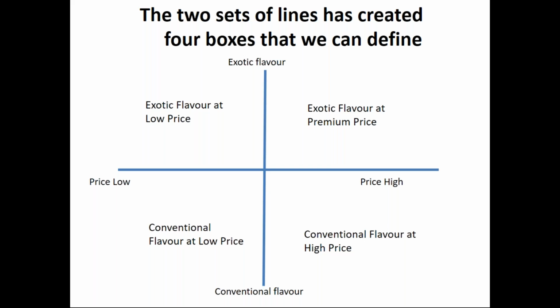If we go directly below it, the flavor has dropped, so it's more conventional flavor, but we're still in the high price quadrant. And then finally, over to the lower left quadrant, the flavor is still conventional, and it's going to be a low price.